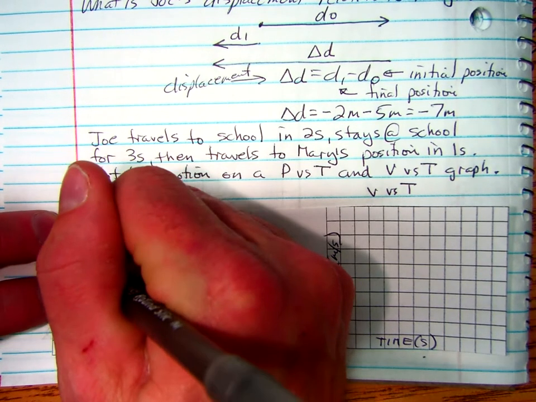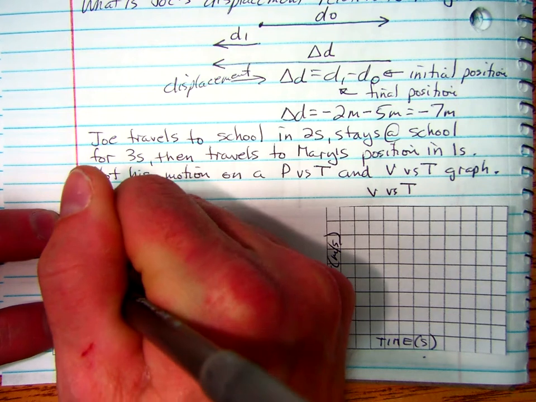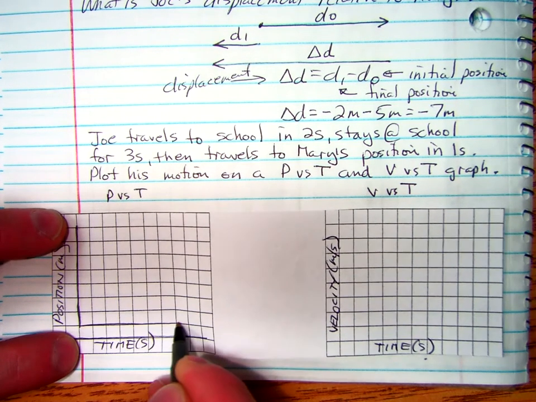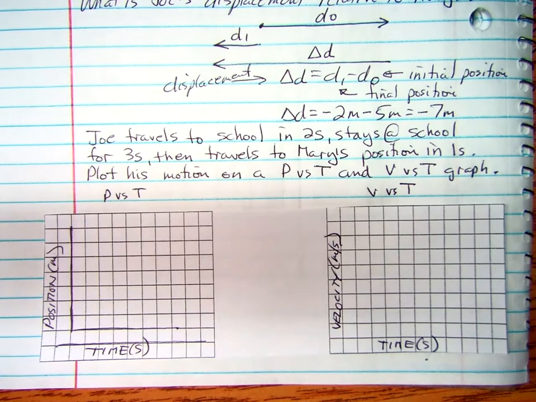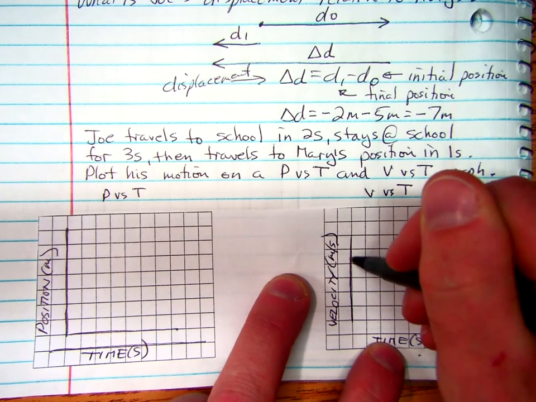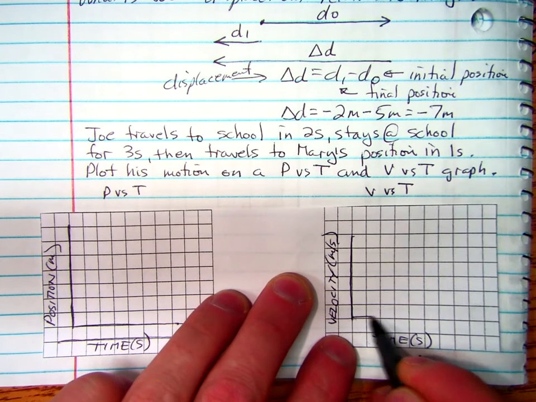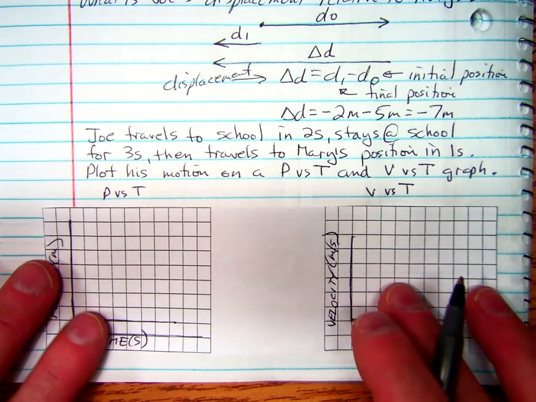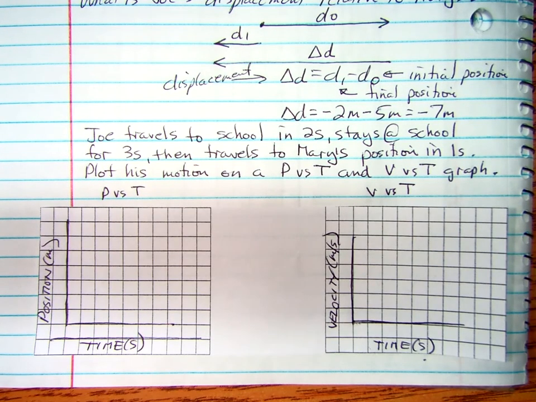Okay? And then I'm going to go ahead and just sketch my axis. And let me put this one here, actually. Okay. So we're going to be as neat as possible. All right, so our time, we need to know how much time we have.